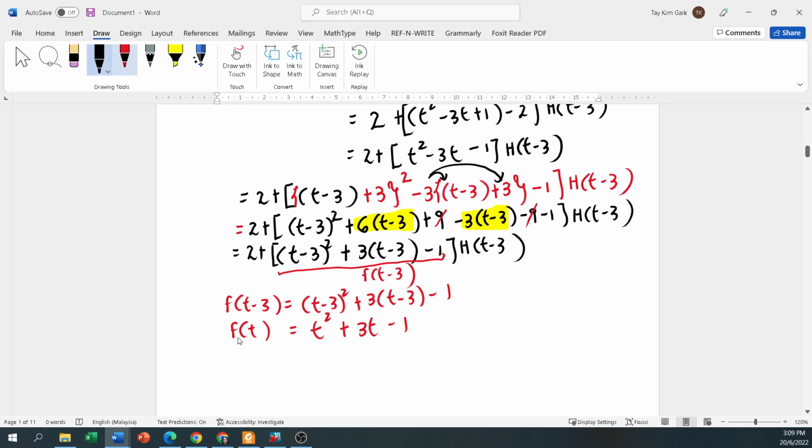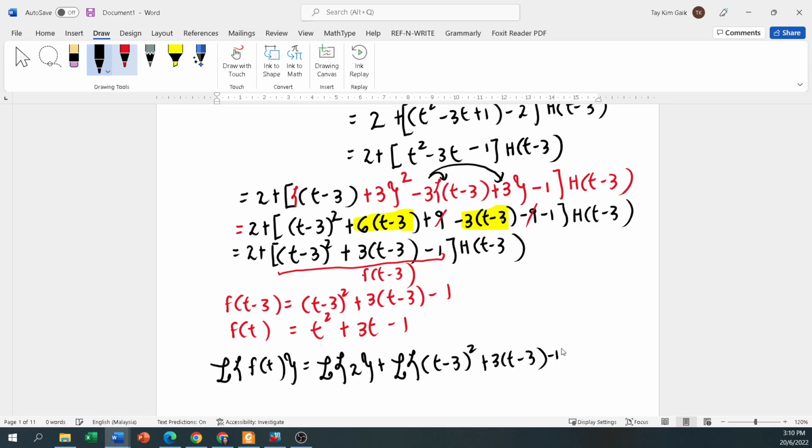Okay, so now we can take the Laplace transform for the initial f(t) from the question, which is equal to the Laplace transform for 2 plus the Laplace transform for this, which is actually (t minus 3) squared plus 3 times (t minus 3) minus 1, and the bracket h(t minus 3).